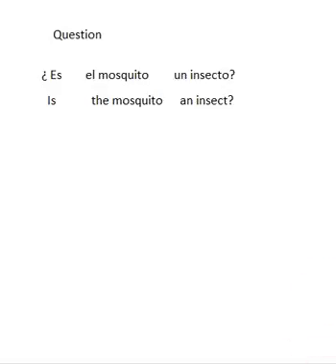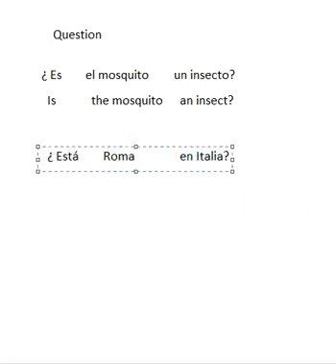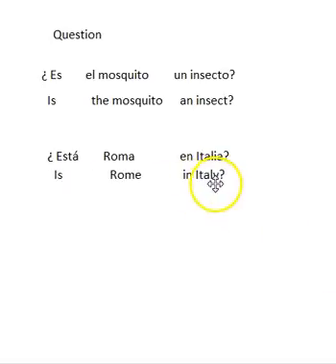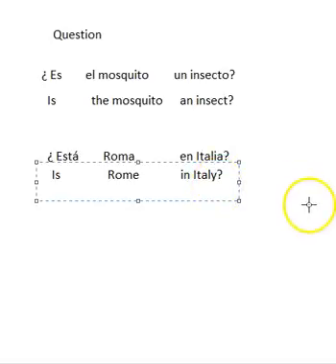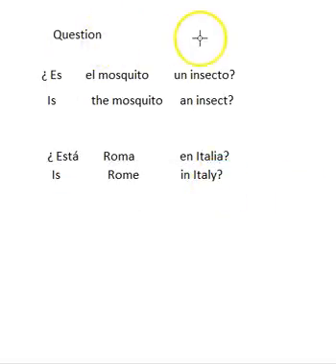All right, we also formed a question, ¿Está Roma en Italia? Is Rome in Italy? So as you can see, so far we have learned how to make statements and questions, and the order of the sentences is very similar in Spanish and in English.